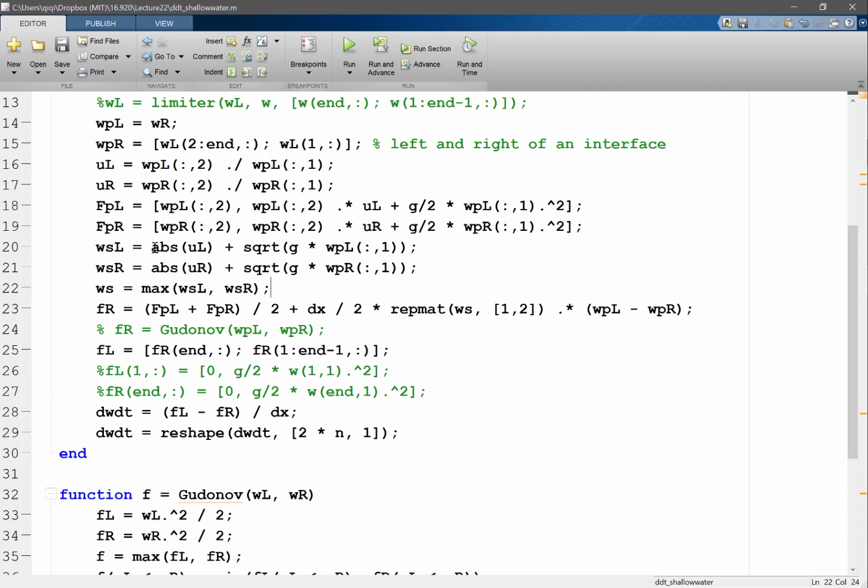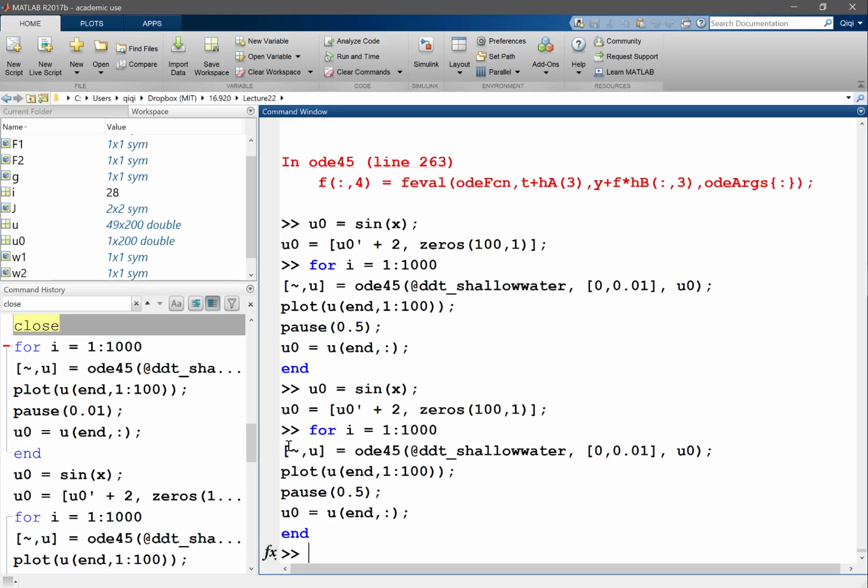Wave speed is absolute value of u plus square root of gh. So, let's see, if I add a little bit more dissipation, does it work?